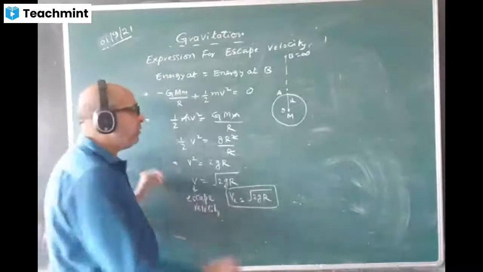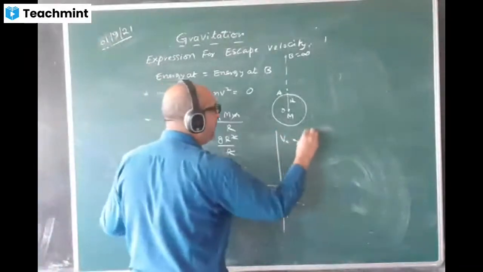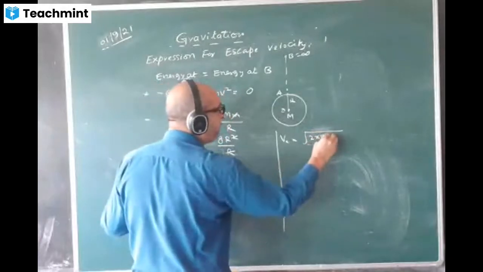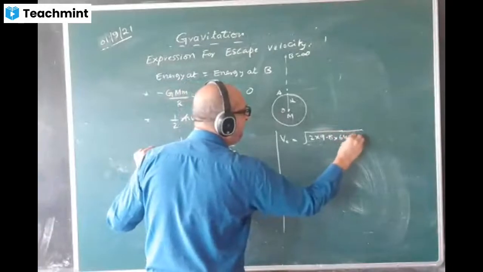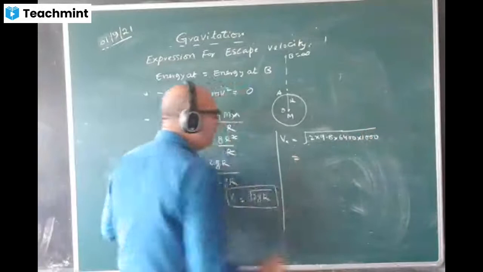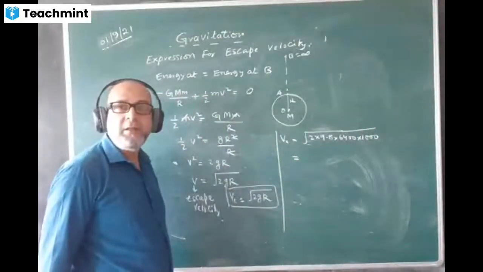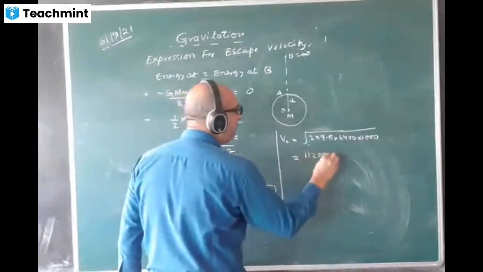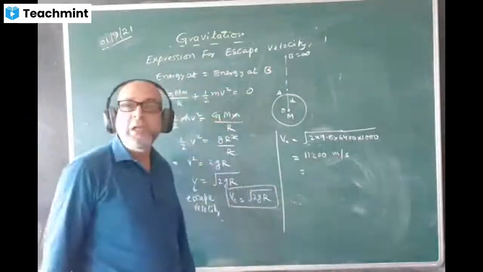We can do the calculation also. We can find the value of V_E. V_E equals root of 2 into g, which on the surface of the Earth is 9.8, into the radius of the Earth, 6400 kilometers, that is 6400 into 1000 meters. When you use a calculator, your answer will come 11200 meters per second, which we will change into kilometers.